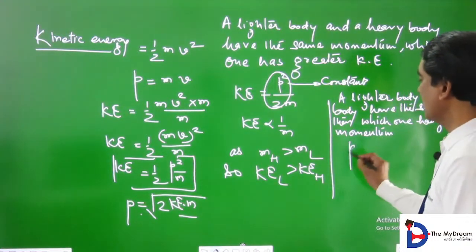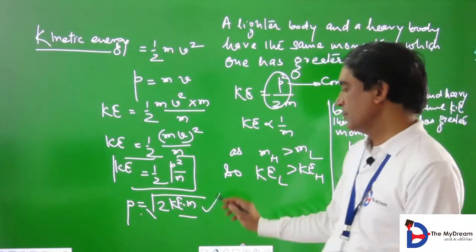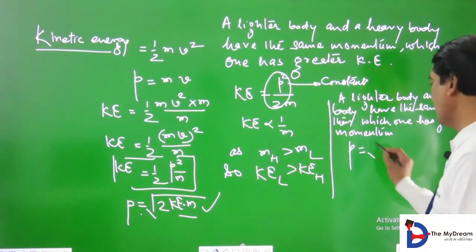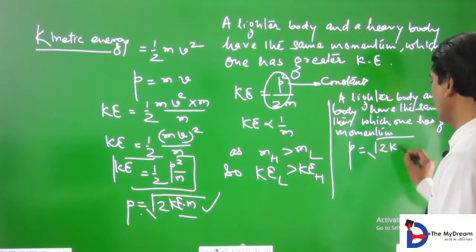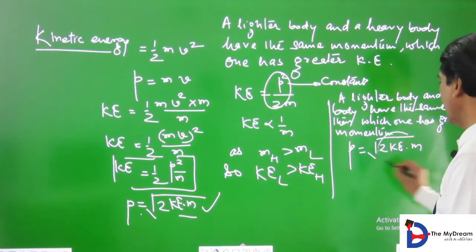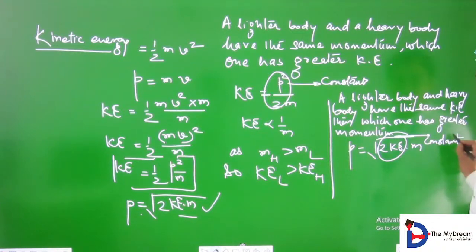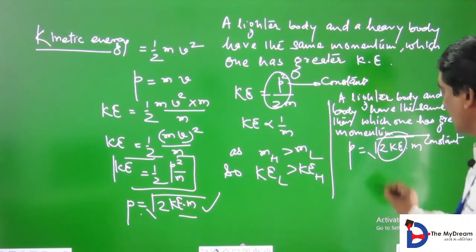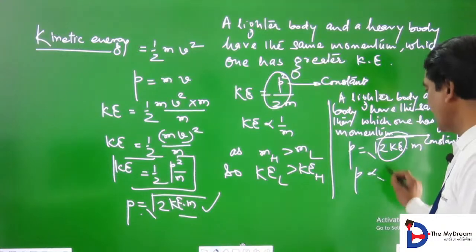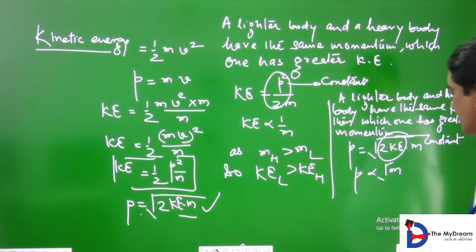So P is equal to, as I told you before, under root twice of kinetic energy into mass. Here this one is constant for both the objects. So P is directly proportional to the square root of mass.